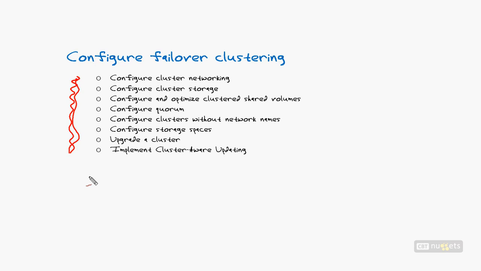This is important because building a failover cluster, even today, is probably one of the more complex configurations that you're going to be asked to put together as a Windows administrator. Putting together cluster networking and cluster storage, turning on cluster shared volumes, and even dealing with things like quorum are in and of themselves challenging configurations. This is not just turning on a Windows server.